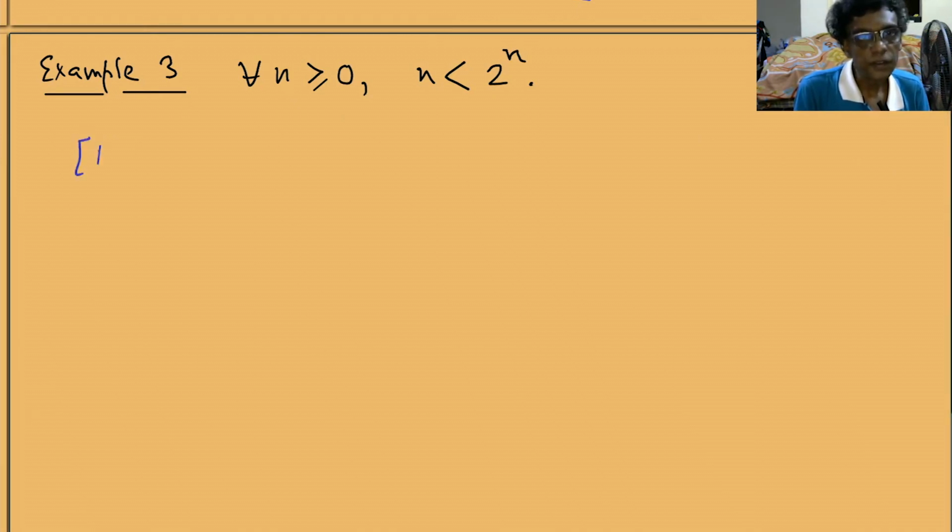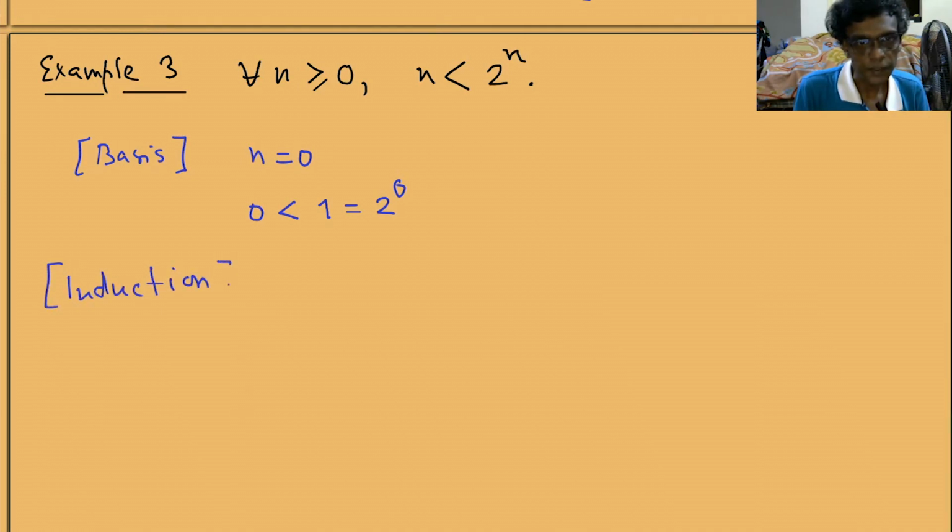So I can start with n equal to 0. Actually, I should start with it, because this assertion should also hold for the empty set. When I have 0 less than 1, which is 2 power 0. Okay. On the other hand, in order to complete the proof, I have to propose the inductive step.